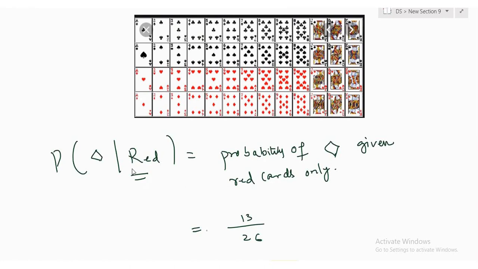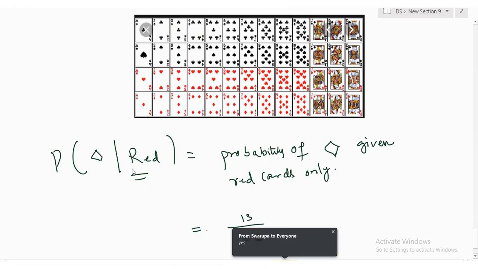First you need to understand the intuition. Is the intuition clear, everyone? Everyone has to respond.